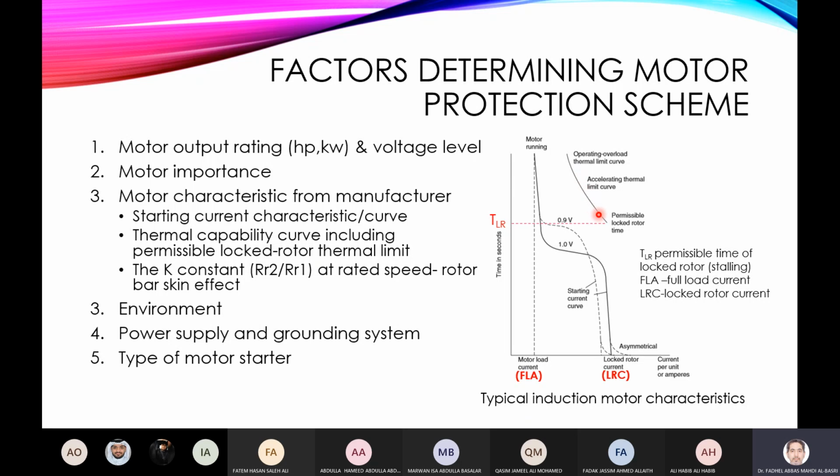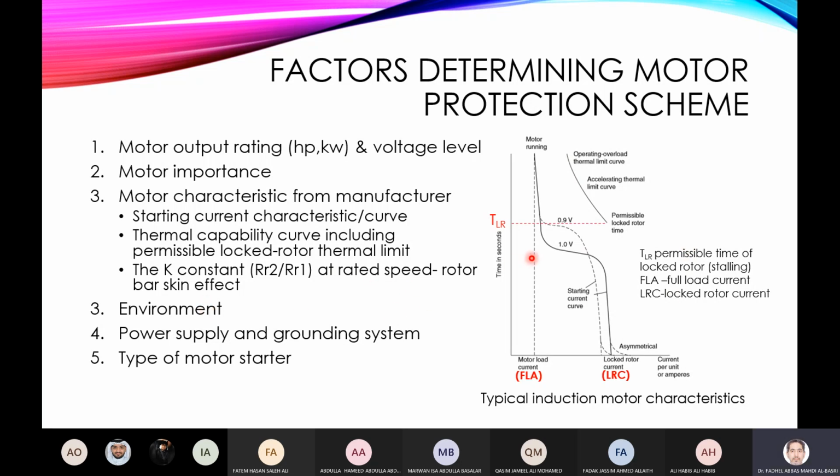Similarly, this is during the locked rotor condition, when the motor does not move. Suppose you apply the rated voltage to the motor, and the motor is stalling and doesn't move. How long would we wait before the motor gets damaged? This is called the permissible locked rotor time, which is this point.